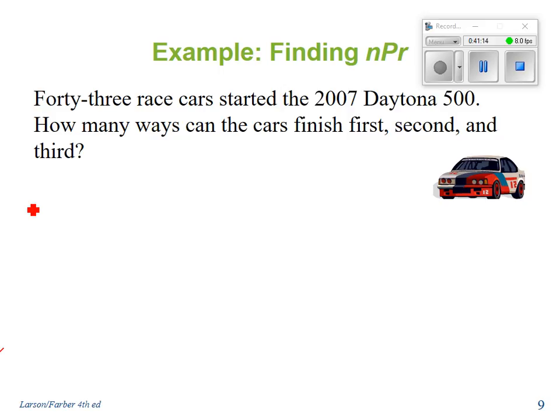43 race cars started the 2007 Daytona 500. How many ways can the cars finish first, second, and third? Again, we're doing permutations. What's our number that we're picking from? 43. How many are we taking at a time? 3. If I do this out longhand, it's 43 factorial on top.